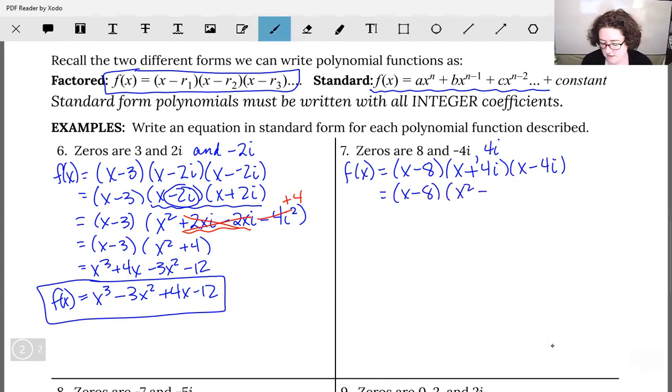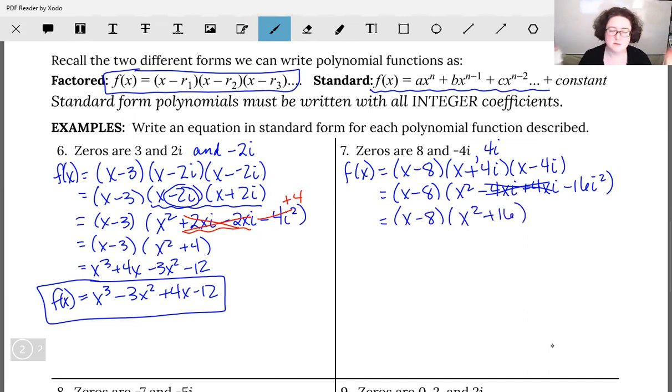Okay, multiplying out the second two factors, the x plus 4i and x minus 4i, we get an x squared minus 4xi plus 4xi minus 16i squared. But again, our xi terms in the middle completely simplify out. Our negative 16i squared, well, i squared is the same thing as negative 1. So that simplifies out to x squared plus 16, no more complex numbers.